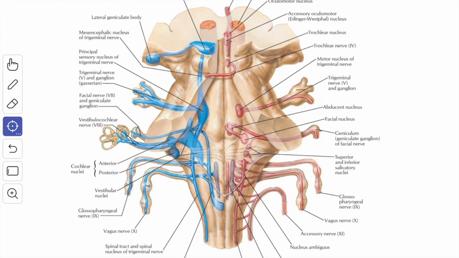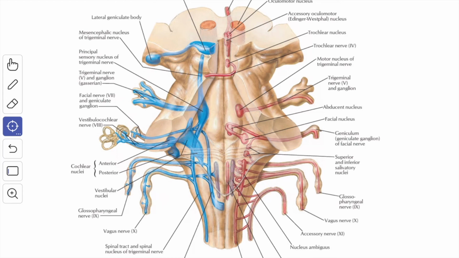The next nucleus is the inferior salivatory nucleus. It is a small collection of nerve cells in the dorsolateral part of the pons just above its junction with the medulla. It lies immediately caudal to the superior salivatory nucleus and just above the upper end of the dorsal nucleus of the vagus nerve.